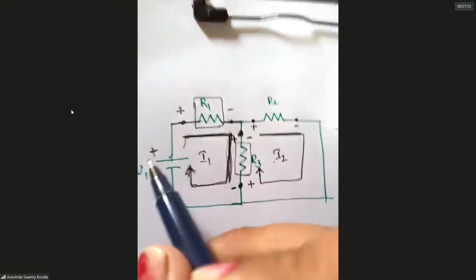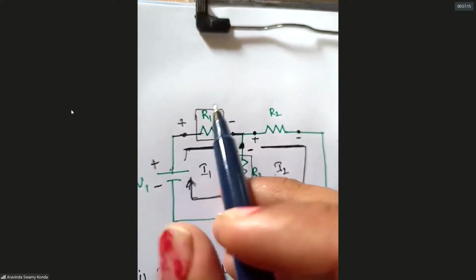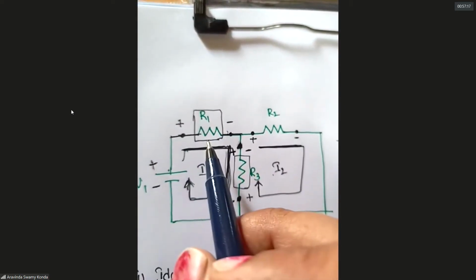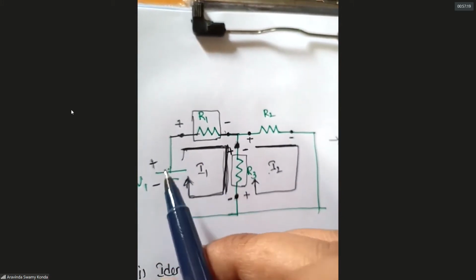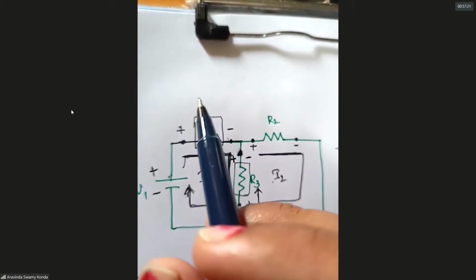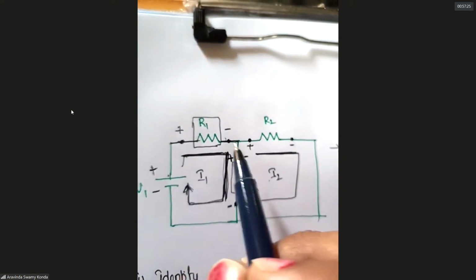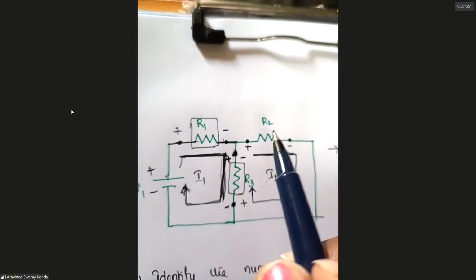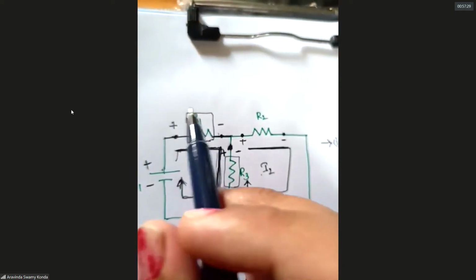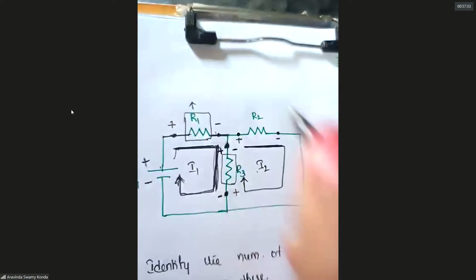If you are sending some voltage through this R1, some voltage may drop here, or some voltage is used by this R1 and the remaining is given to the others. So you take these as load elements, which definitely consume some voltage.